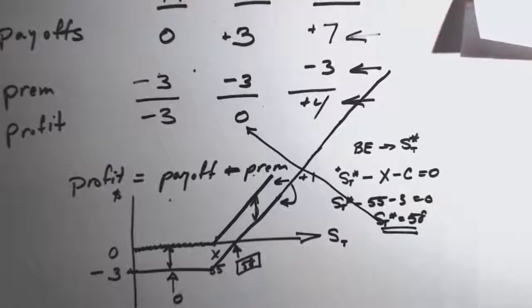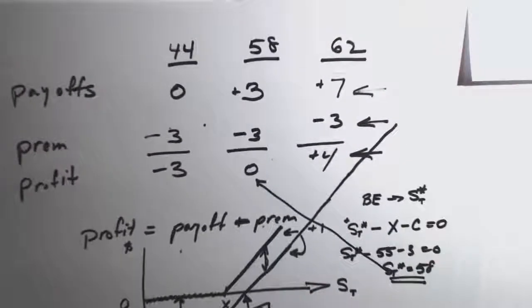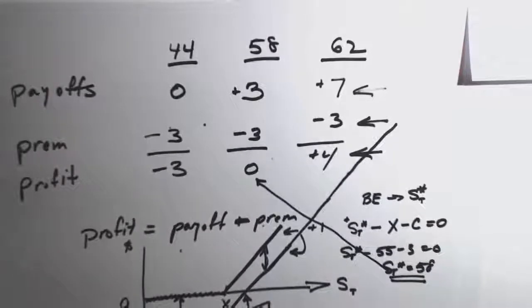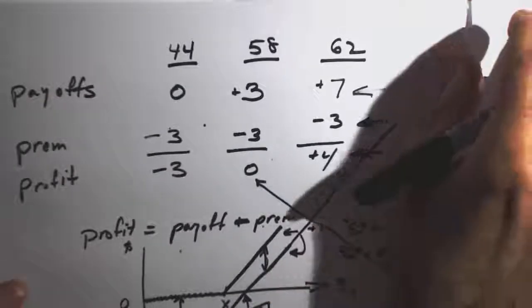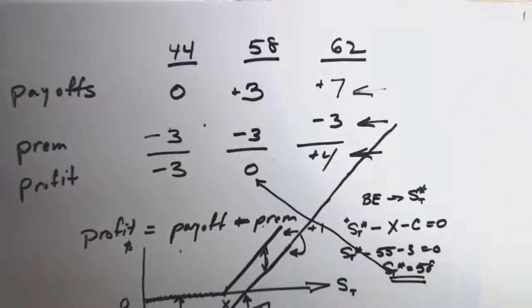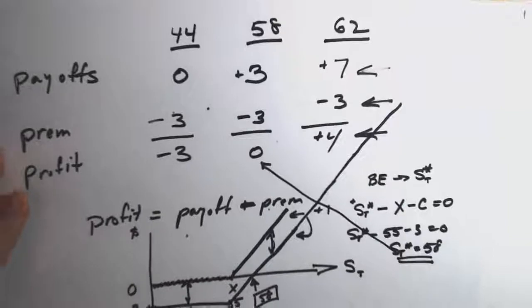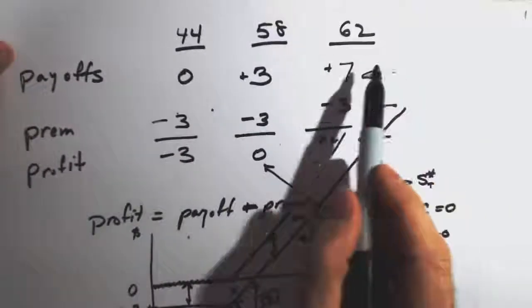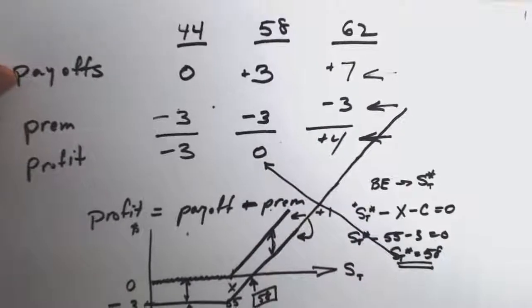$58. So what I like about the analysis is, look, we put it together mathematically, intuitively, and graphically so that the results mesh up nicely, and it's a nice way to understand the material. So you should have this in your mind that you can determine the payoffs and profits of various scenarios. You can graph them.